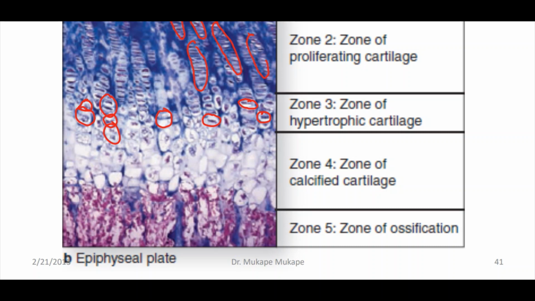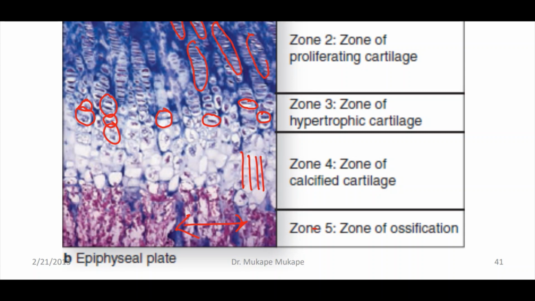So the cartilage will be filled with calcium. It will be filled with calcium because of the presence of the bone cells, the osteoblasts. So zone of calcified cartilage, which is here. And then zone of ossification. Ossification happens. When the cartilage is calcified, it forms bone.